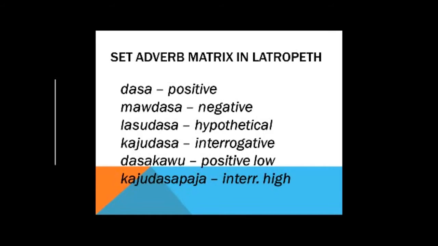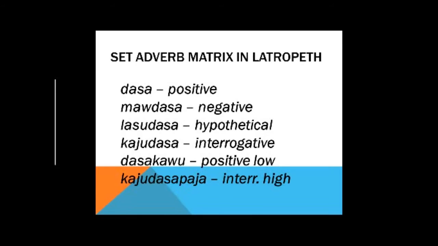So we've taken dasa again. Remember that dasa is one of the set adverbs that conveys possibility in terms of ability, often translated as can. But it's got all these other forms as well, which add other layers on top of its basic meaning.